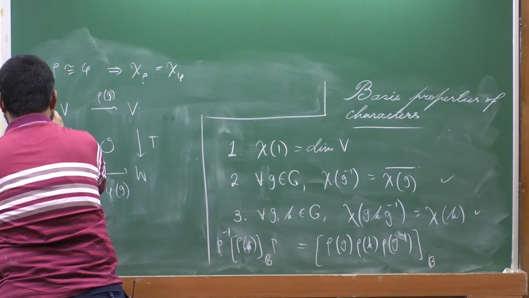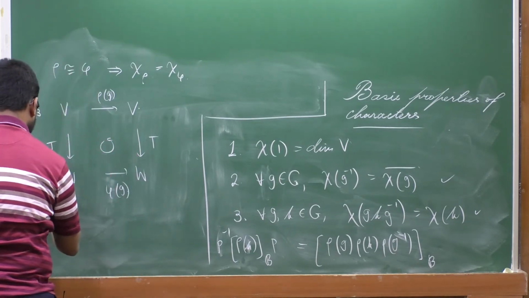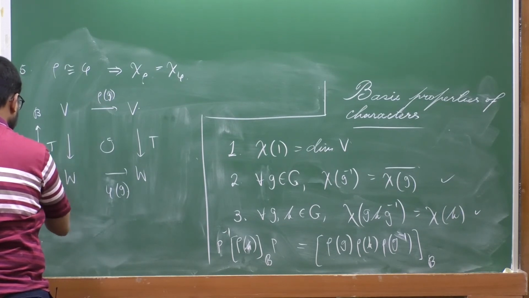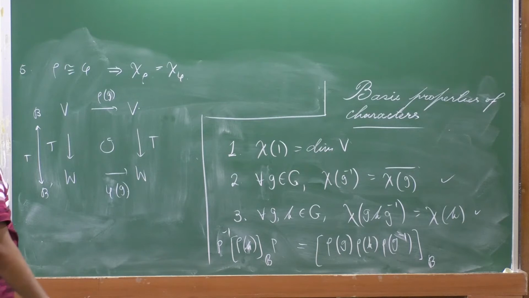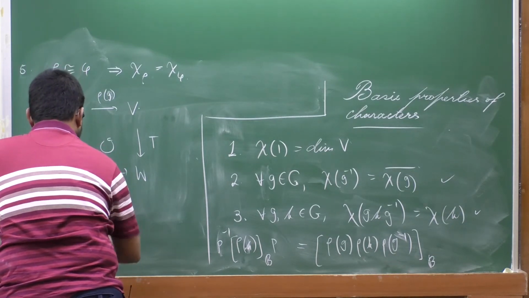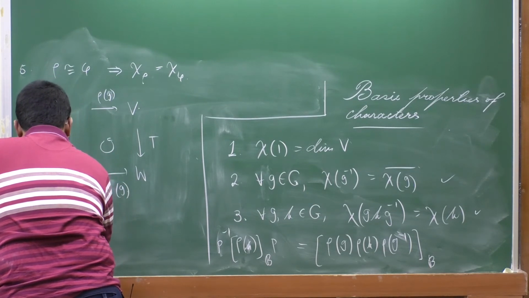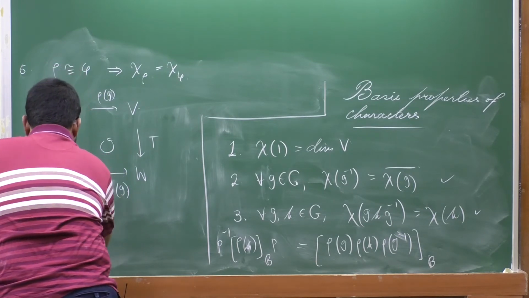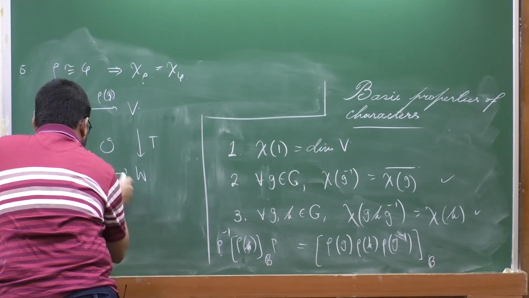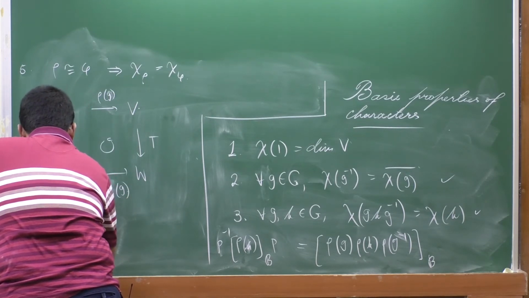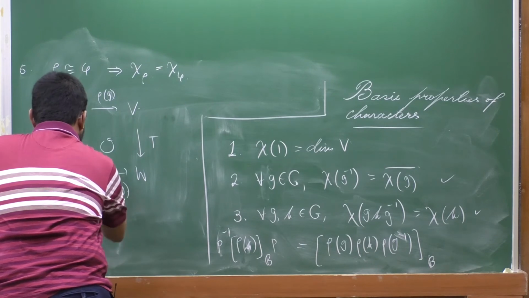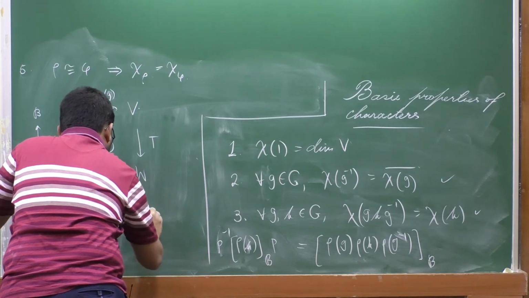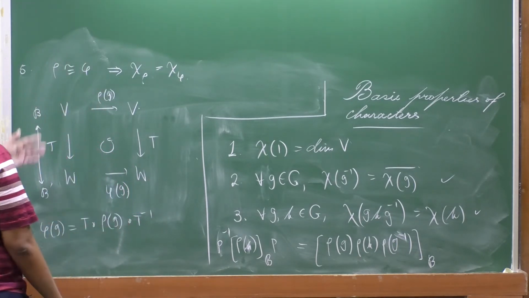Let's start with an ordered basis B here and consider its image, which is the image of beta by T. Since these are isomorphic, we immediately see phi g equals T rho g T inverse, since this is an isomorphism.